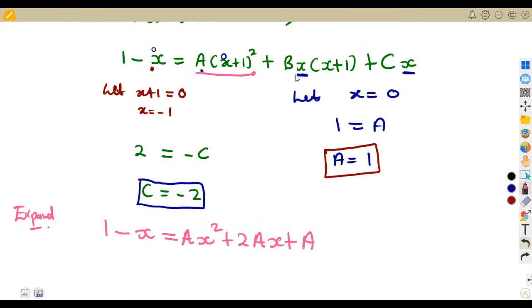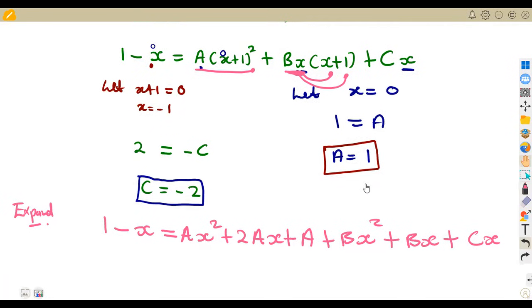You move on to bx. So bx is going to expand everything, bx times x. So this will be plus bx squared. All right, x and x is going to give us x squared. Then bx times 1, which is going to give us bx. All right, the part of cx is already in simplistic form, so there's nothing to do, just write it as it is, cx. All right, so this is bx squared, this is bx.